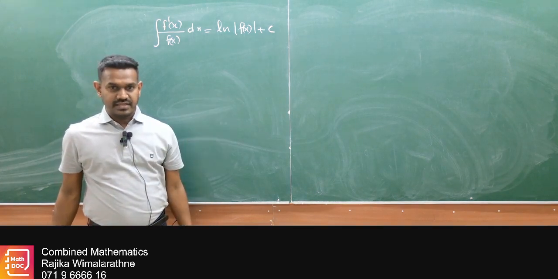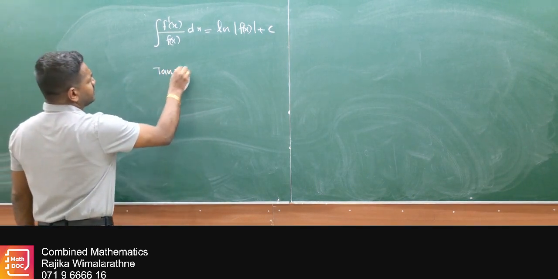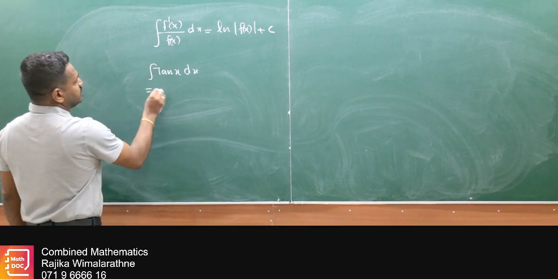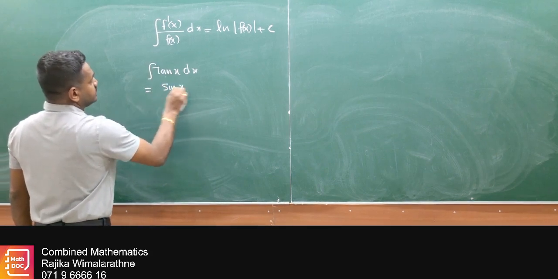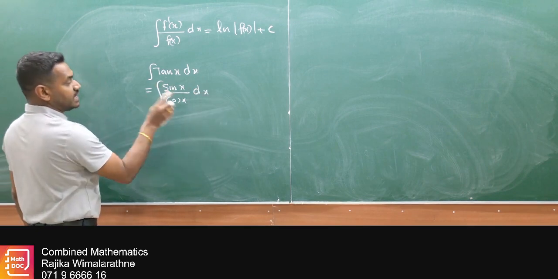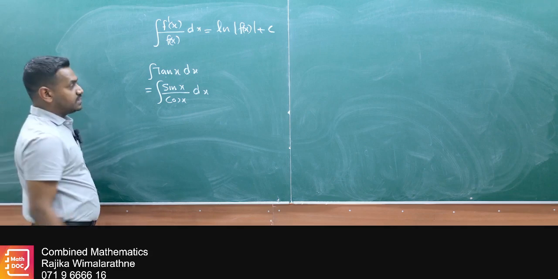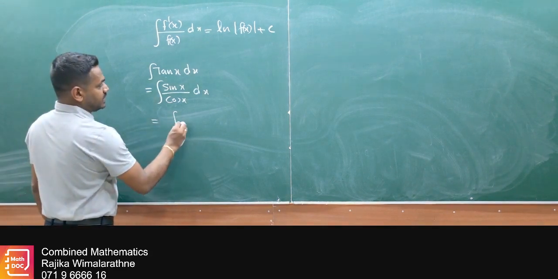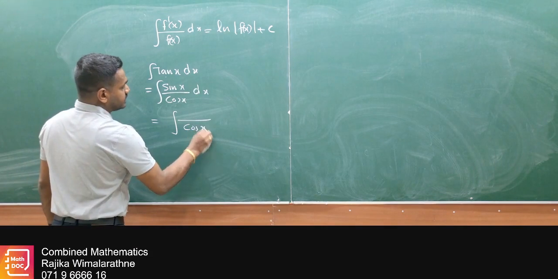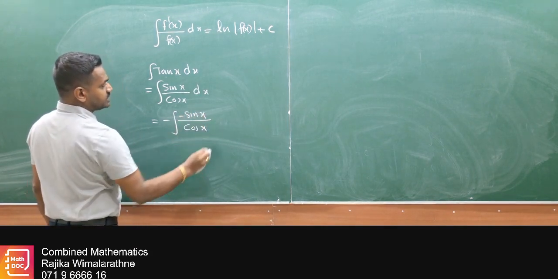Initially I haven't given that. Now see tan x dx. You write tan x as sin x over cos x dx. We know cos derivative is minus sin. So you put minus sin x in the numerator, and to remove this minus, put the minus outside.